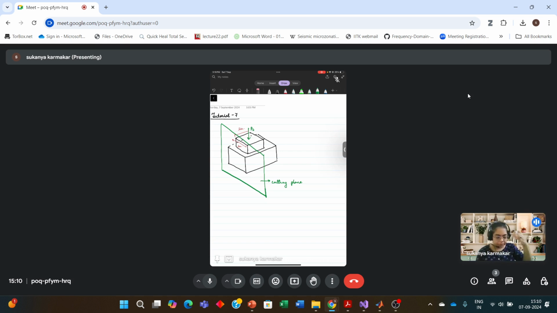After cutting, the cross section of the block is what I'll draw now.